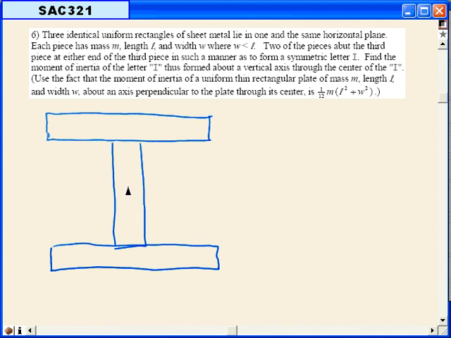We're supposed to find the total moment of inertia with respect to a vertical axis through the center, which would be represented by that dot. And we know the moment of inertia of each one of these because we're given the dimensions. They're all the same, width W and length L for every single one of these plates.